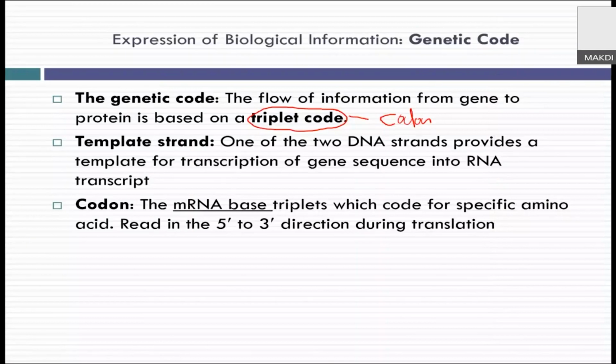Okay, template strand. Only one of the two DNA strands dia become template. Kalau DNA replication, they use both strands. But for transcription, only one strand. Okay, so codon is the triplet code that is used by mRNA from DNA.